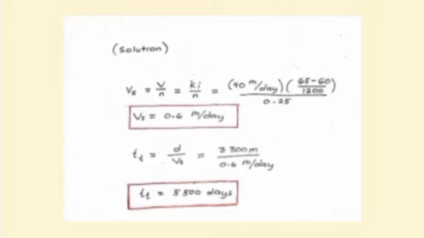Based on the problem, K, or the hydraulic conductivity, is equal to 40 meters per day, and i is equal to 65 minus 60 all over 1,200, and n is 0.25. So we have now the value of the actual velocity, which is 0.6 meters per day. We can now find its travel time. 3,300 meters over actual velocity 0.6 meters per day. The travel time is equal to 5,500 days.